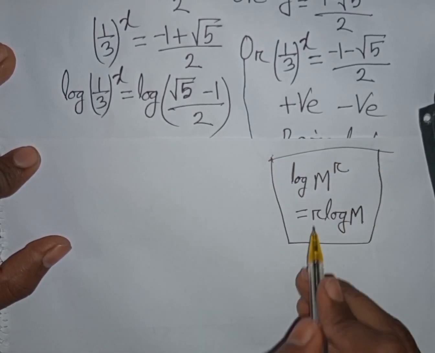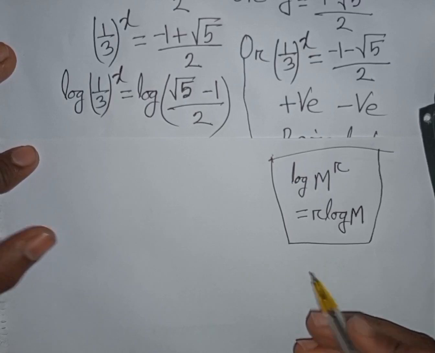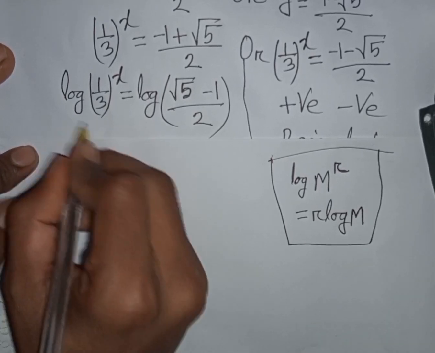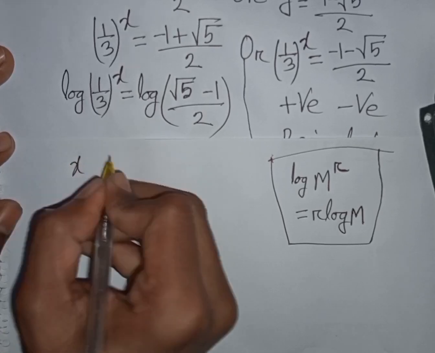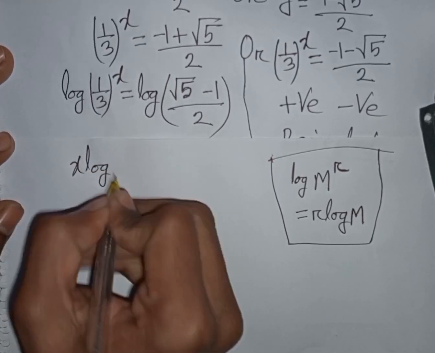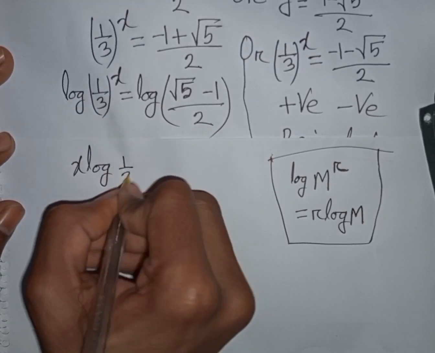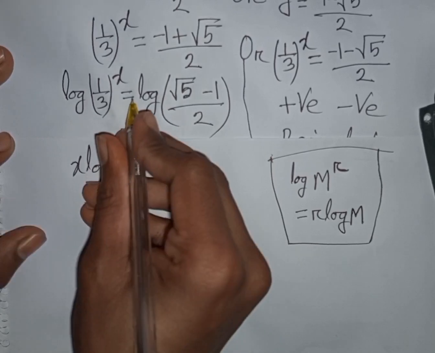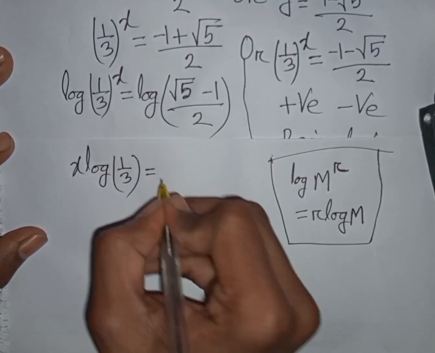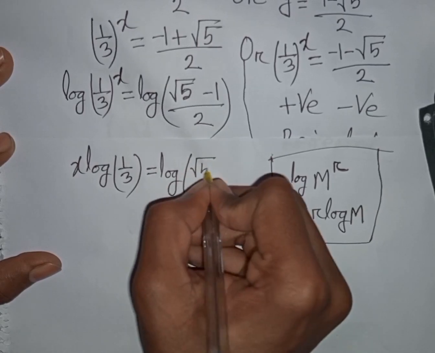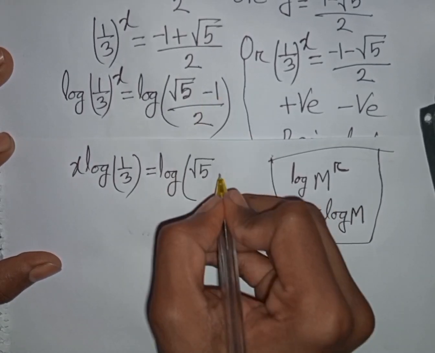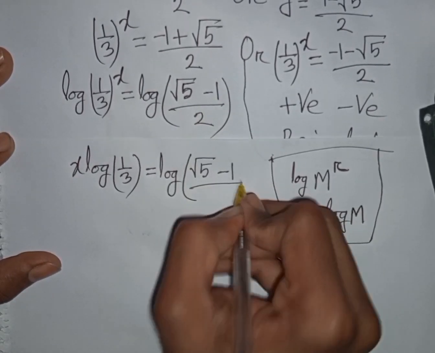That means this power r moves to the front. So this power x will move to the front. So you can write x log 1 by 3 is equal to log of square root of 5 minus 1 divided by 2.